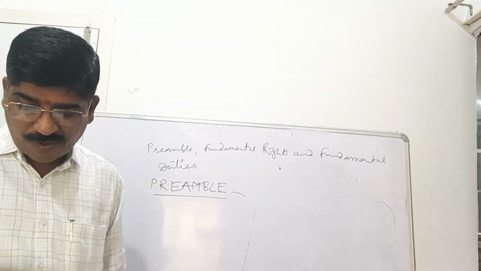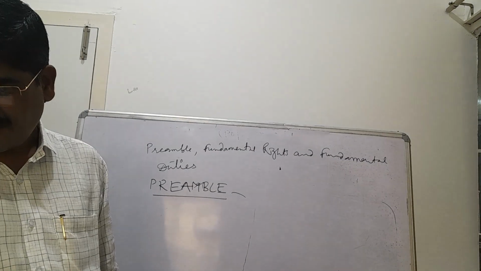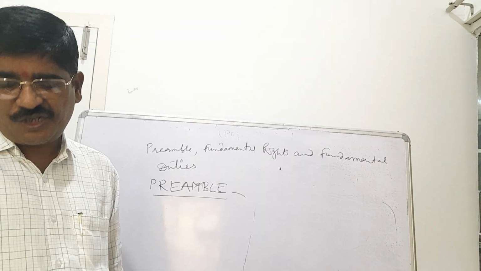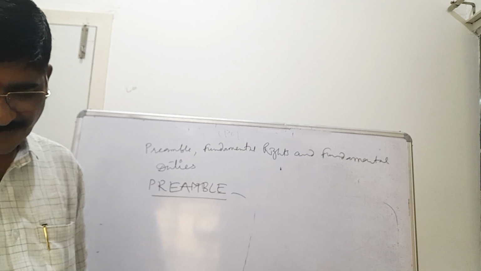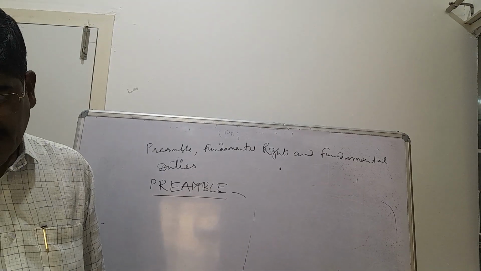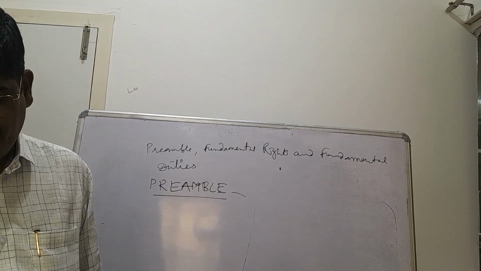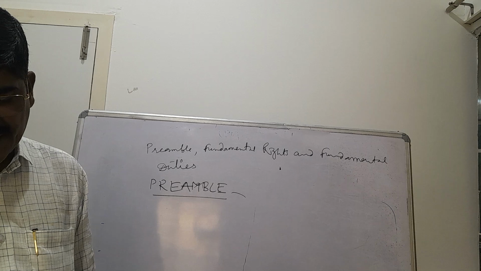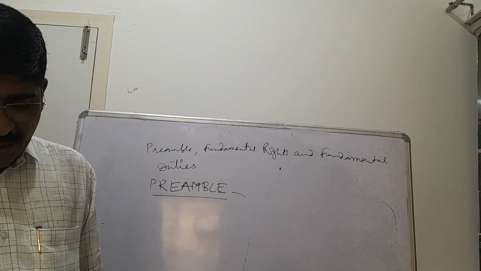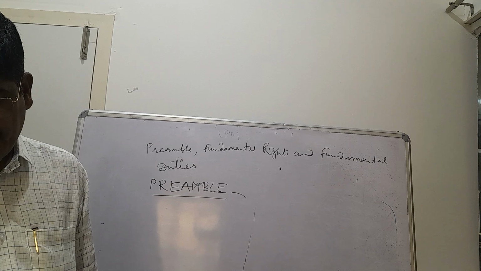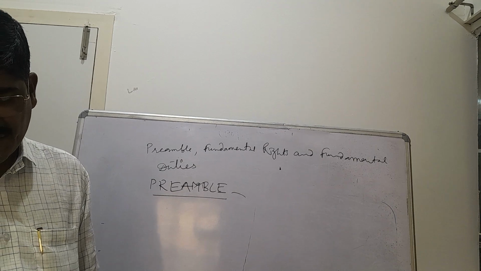These are the 4 points: justice, liberty, equality and fraternity. In our Constituent Assembly, this 26th day of November 1949, we hereby adopt, enact and give to ourselves this Constitution.